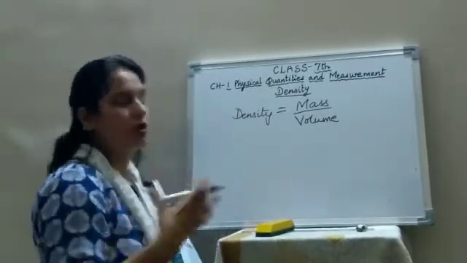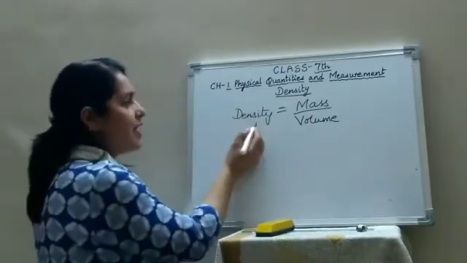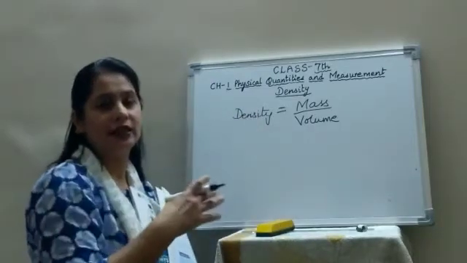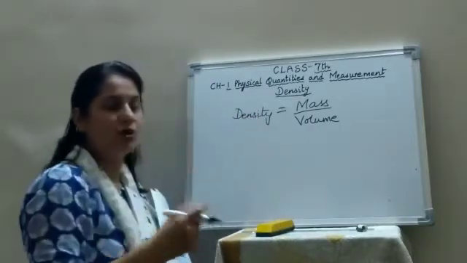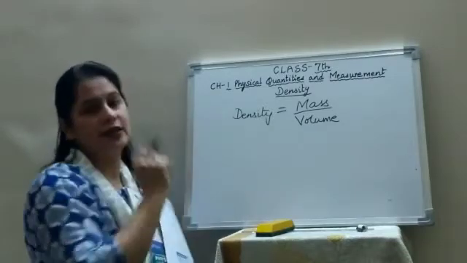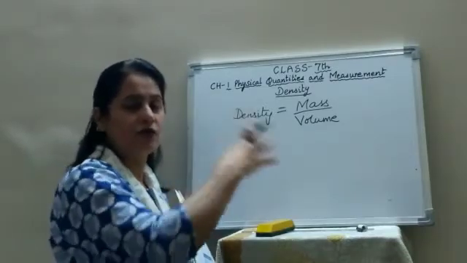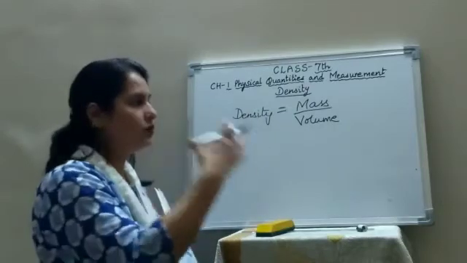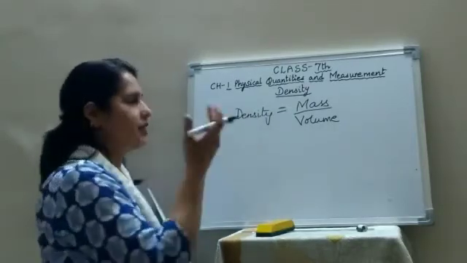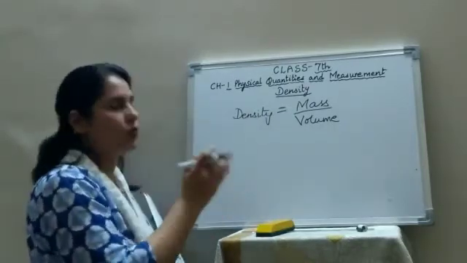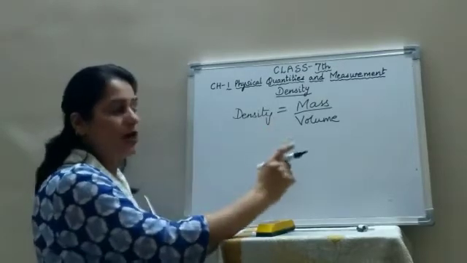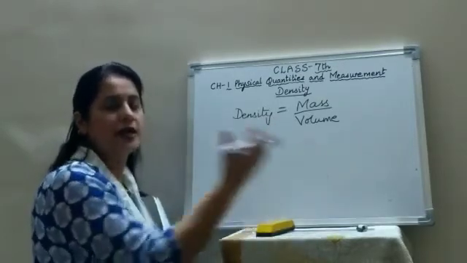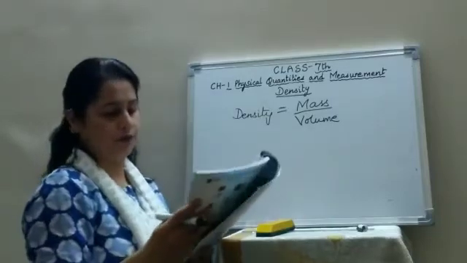More the volume, more space it occupies, less will be its density. But less volume, more will be the density. Like that happened in the case of cotton and brick. The volume of cotton was more, so the density of cotton was less as compared to that of bricks, which occupied less volume.